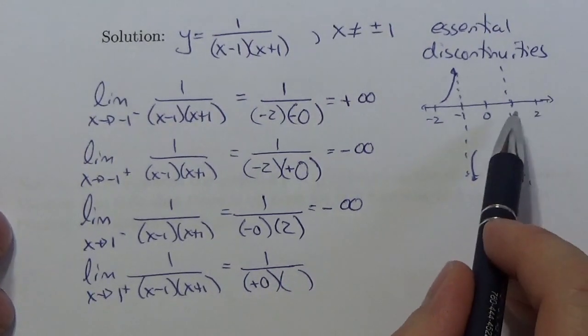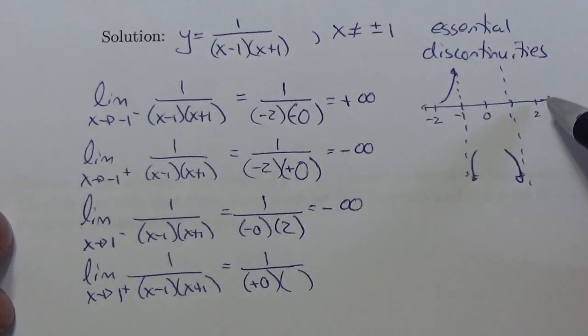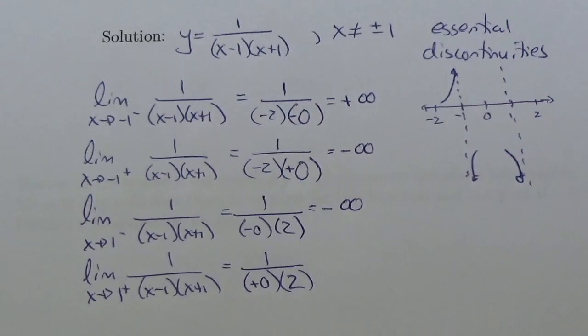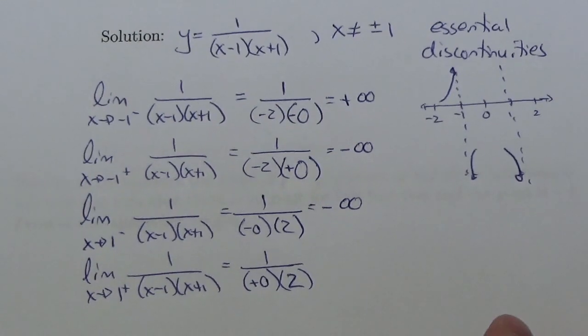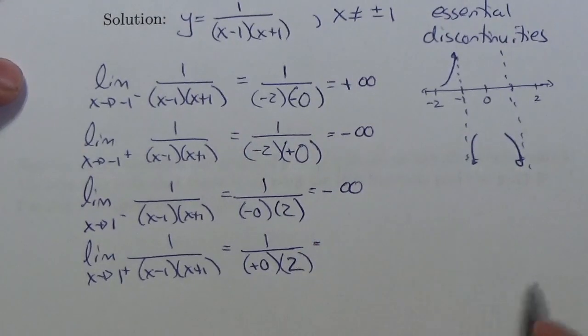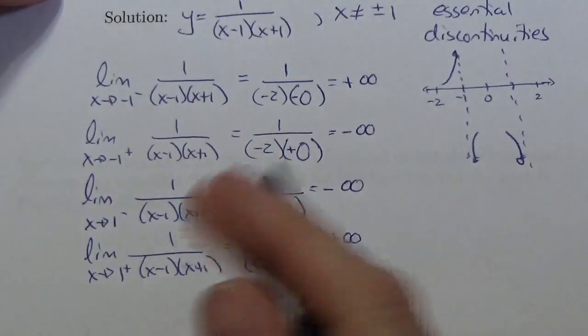X plus 1, on the other hand, is going to put me just slightly over 2, which means I'm approaching 2. But again, 2 isn't a problem. It doesn't matter if I'm approaching 2. 2 isn't causing me an undefined result. So 2 is okay. It's this 0 that's the problem here. But because both denominators are positive, the result is going to be positive infinity.